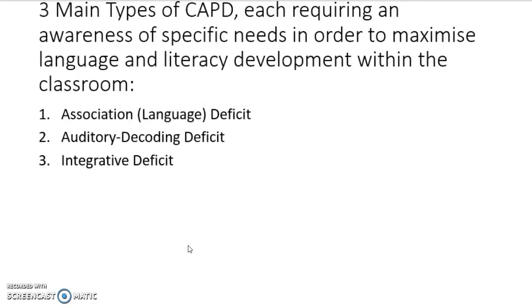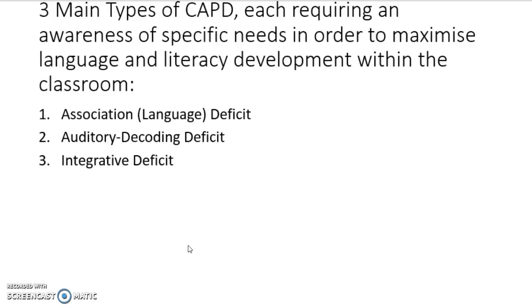Right, there are actually, believe it or not, 3 different types of central auditory processing disorder. Each type has a collection of symptoms that are quite different from another, and it's important to be aware of which children in your class might have it so that you can support them accordingly.